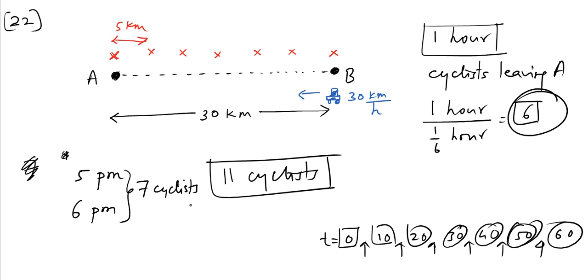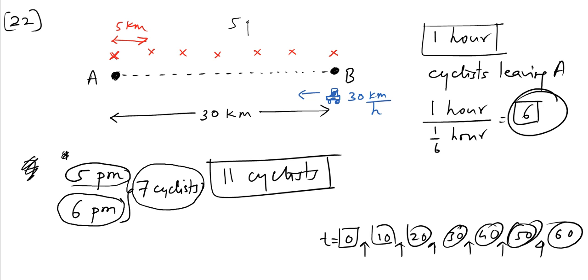Now the mistake in the reasoning is you have assumed that the motor car is going to meet only those cyclists who set out at 5 p.m. or later, and that is up to 6 p.m. But if you look at the picture, just look at the diagram, the time in the diagram is obviously 5 p.m. That's the time when the motor car has left.